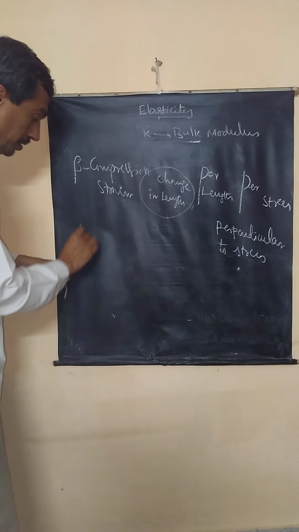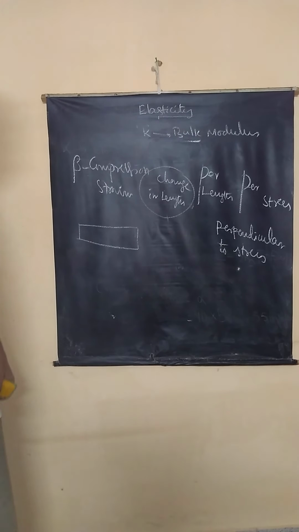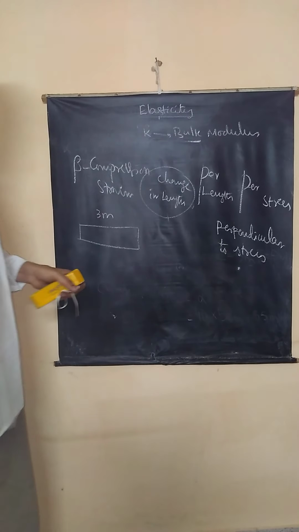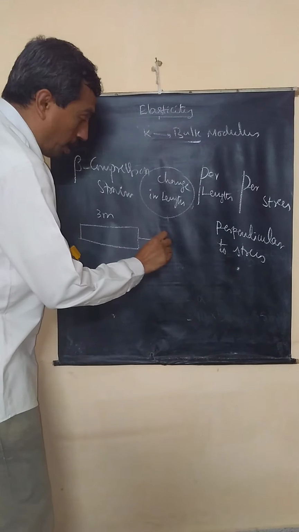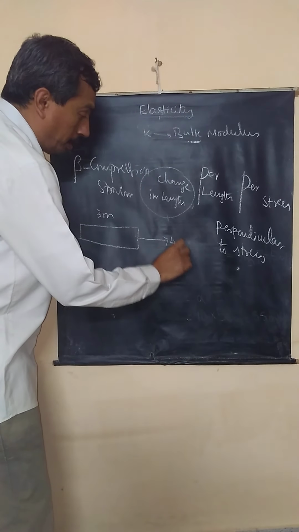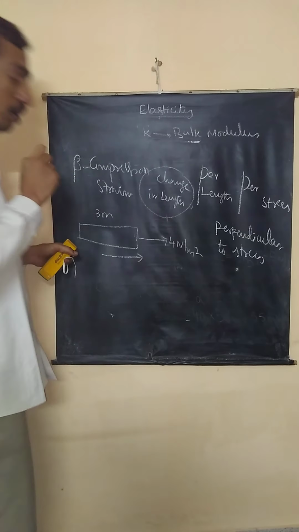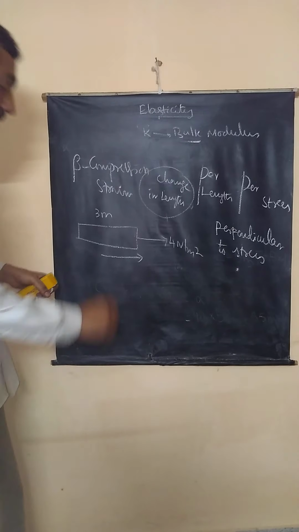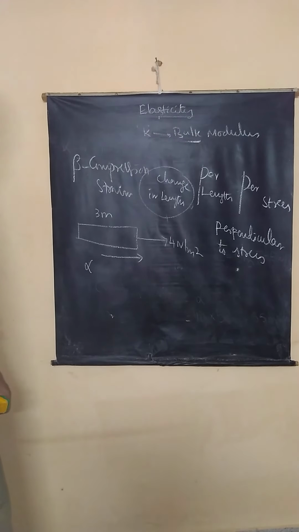Here is a material. The length of the material is 3 meters. Let a stress of 4 Newton per meter square be applied along this direction. Let alpha be its elongation strain.